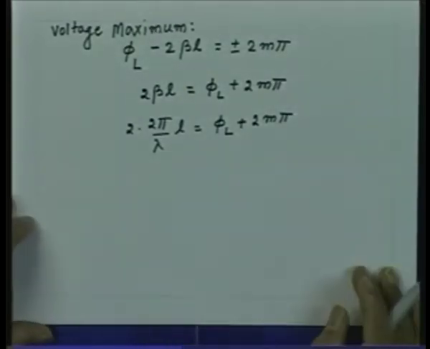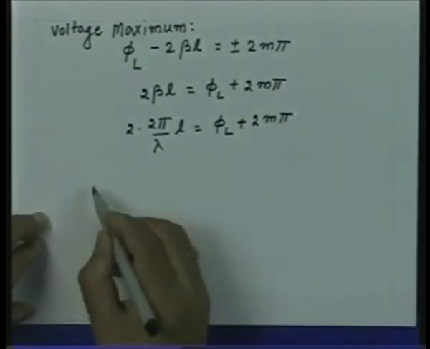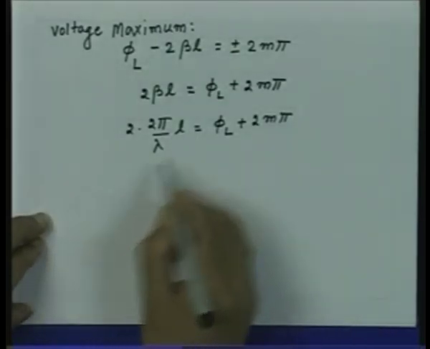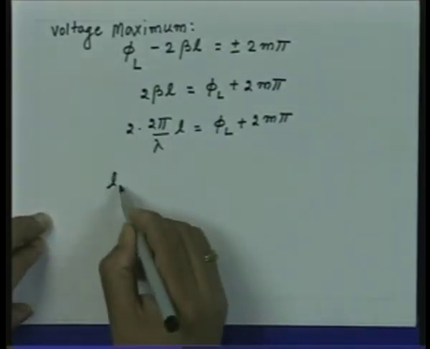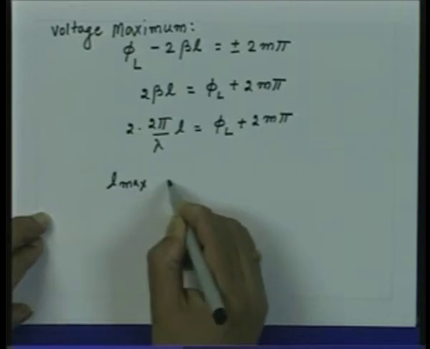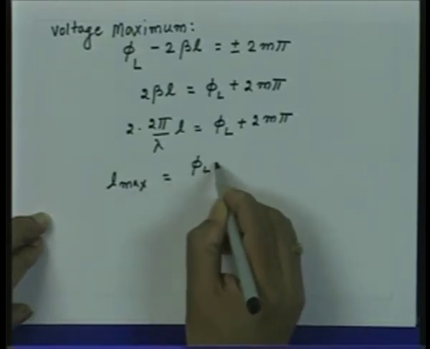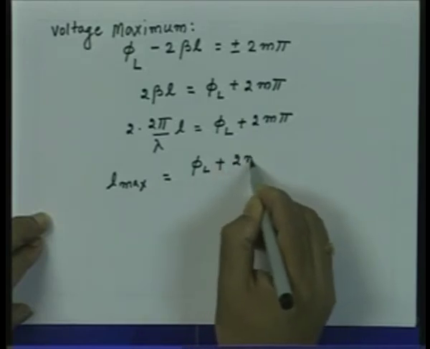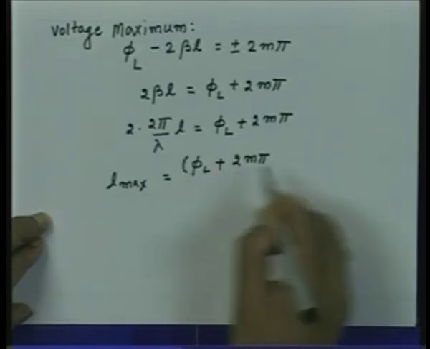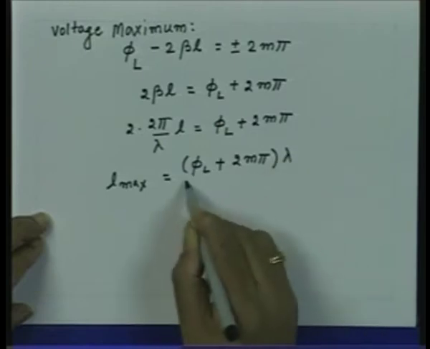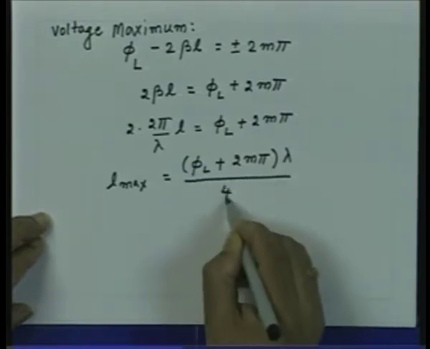The length at which the maximum voltage appears, let us call that L max, will be equal to phi L plus 2 m pi into the wavelength divided by 4 pi.